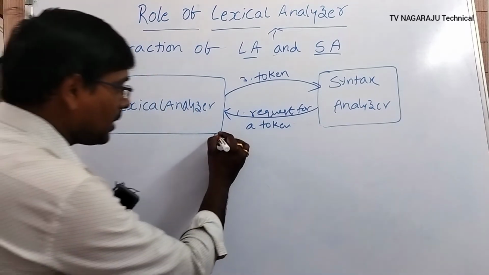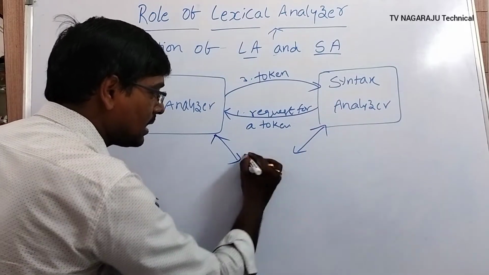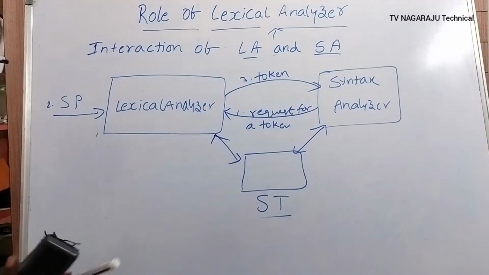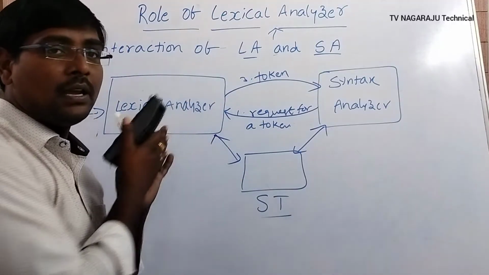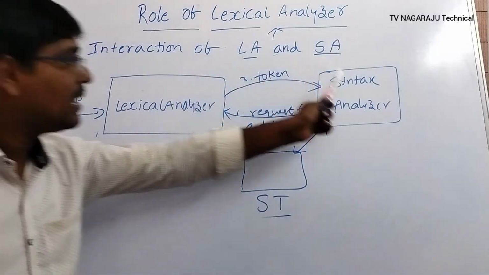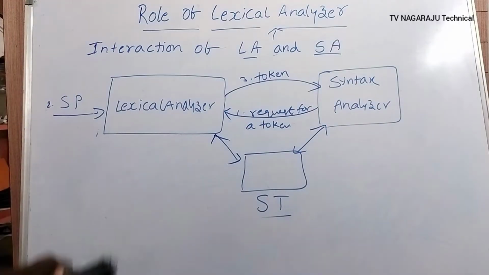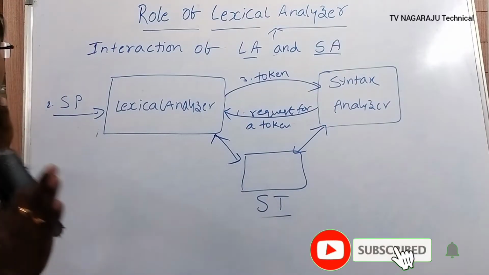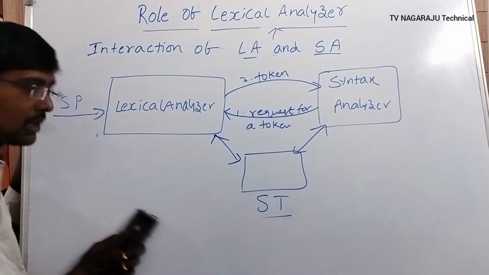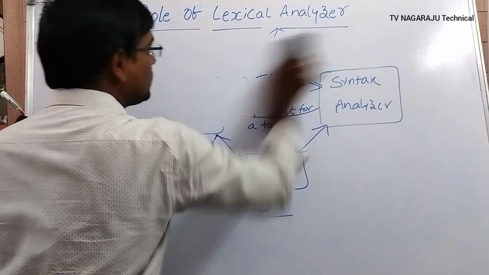At the same time, both the lexical analyzer and the syntax analyzer maintain the symbol table, which stores complete information related to tokens. Both LA and SA maintain the symbol table information. Okay, I think that is clear. Now let's move on.